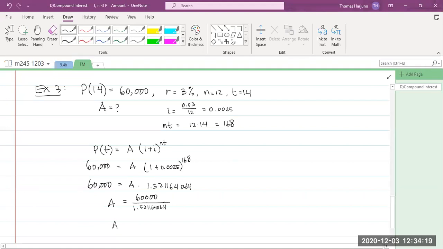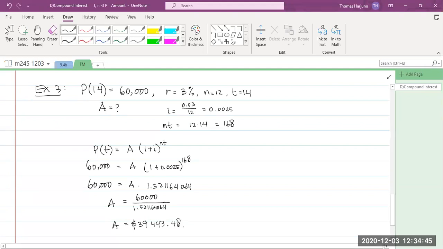So I need to put in $39,443. Basically, having $60,000 14 years from now is equivalent to $39,000 something right now.